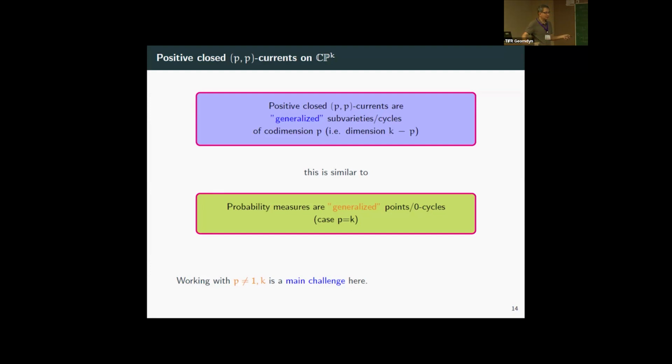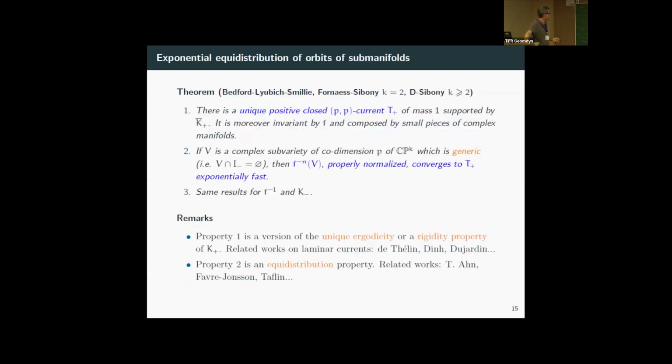I will come back to this a little bit later. Yes, complex subvariety. Okay, so here's the first theorem, due to Bedford, Lyubich, Smillie in dimension 2, Fornaess, Sibony in dimension 2, and Sibony and myself in higher dimension.